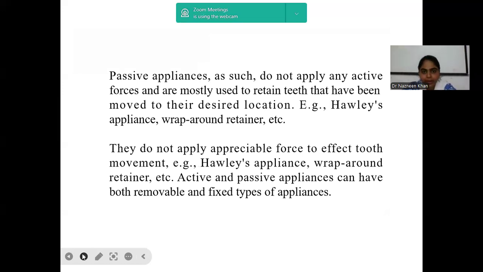And when we're talking about the passive appliances, they as such do not apply any active forces and are mostly used to retain teeth that have been moved to their desired location. जो passive appliances are the Hawley's appliances, wrap around retainers. ये अप्लायंसेस हम आफ्टर ऑर्थोडोंटिक ट्रीटमेंट, आफ्टर ब्रेसेस देते हैं टूथ को उसकी पोजीशन पे रिटेन करने के लिए. They do not apply forces to affect the tooth movement, है ना. वही हॉलीज एंड द रैप अराउंड, it can be active and passive and both removable and fixed.